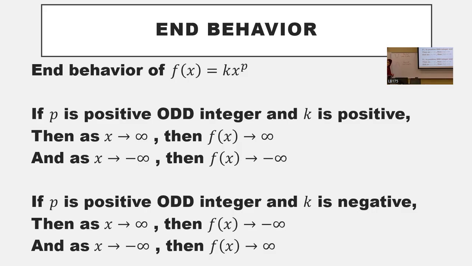And the exact opposite is true if we're talking about having our coefficient be negative, because then it flips the graph upside down. I'm going to write this on the board real quick.